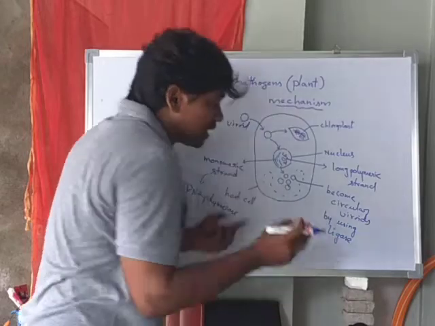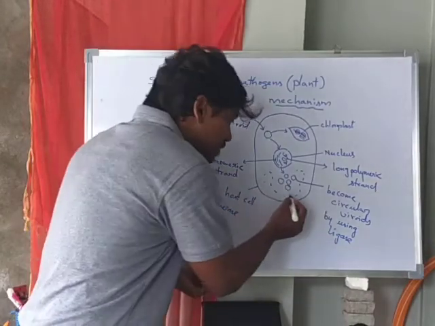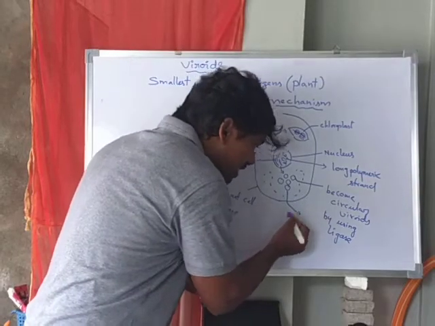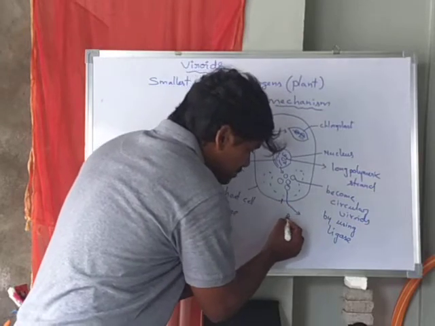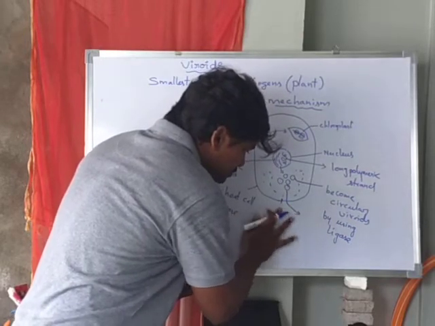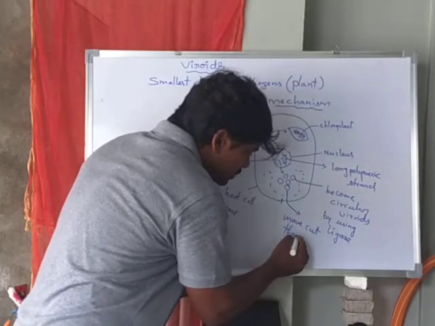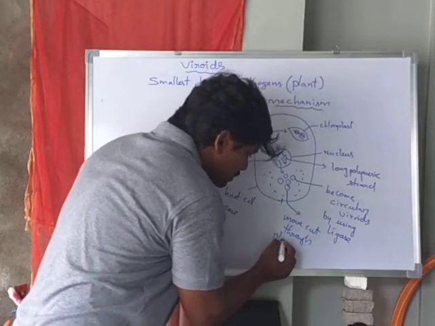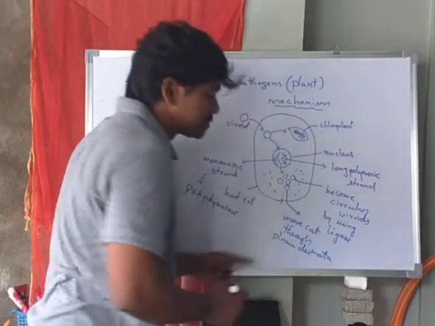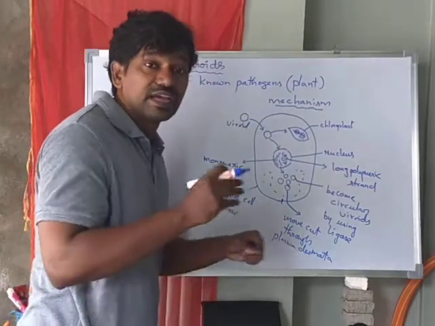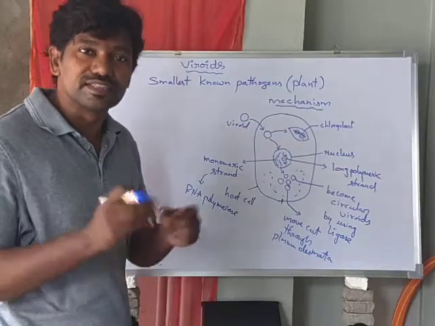Ligase joins the pieces and forms a circular viroid. These circular viroids now move through the plasmodesmata and attack a fresh cell. This is the mechanism.